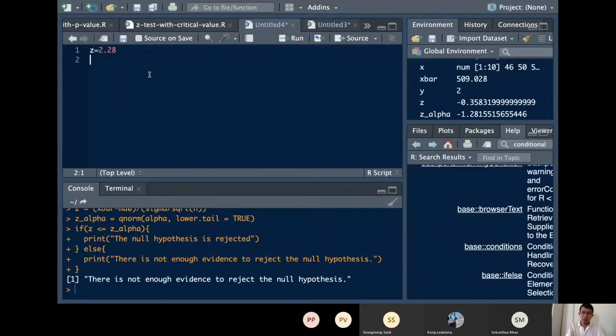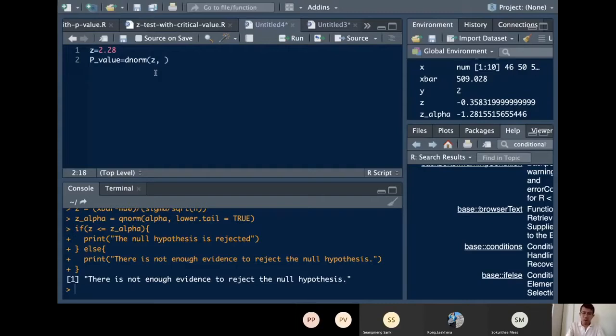I denote it by p-value. It equals pnorm of z.